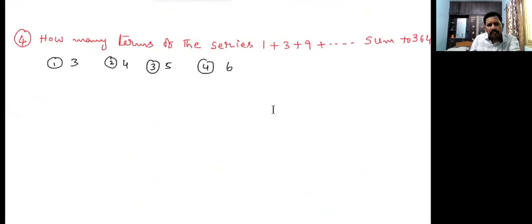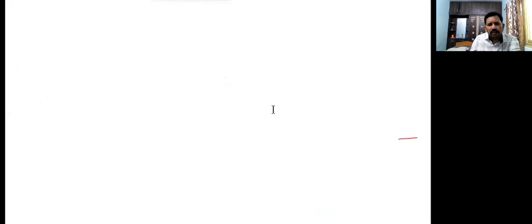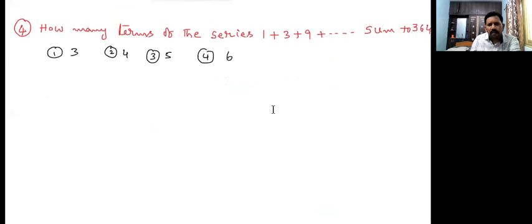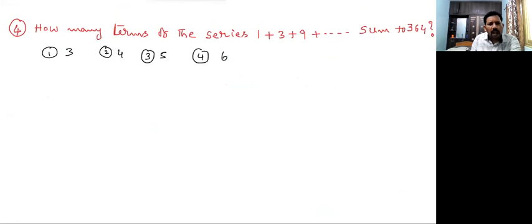See the next question. Fourth one. Read the question carefully. How many terms of the series 1 plus 3 plus 9 plus and so on sum to 364?